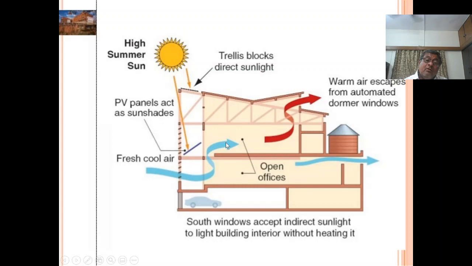These are open offices that allow air to flow freely into the building. As the air gets warmer, it rises up and exits the building. South windows accept indirect sunlight to light the building interior without heating it.